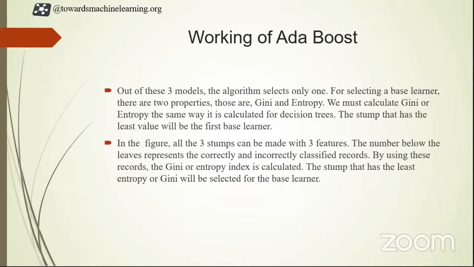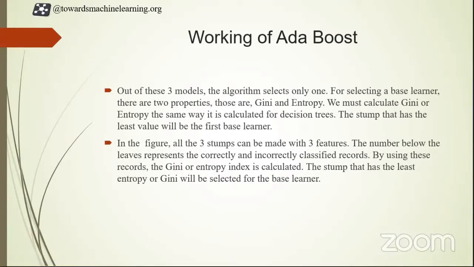For selecting a base learner, there are two properties: Gini impurity and entropy, as you learned about in decision trees. We can easily calculate these figures. After calculating the Gini impurity or entropy, the stump that has the least value, we will select that as our first base learner.